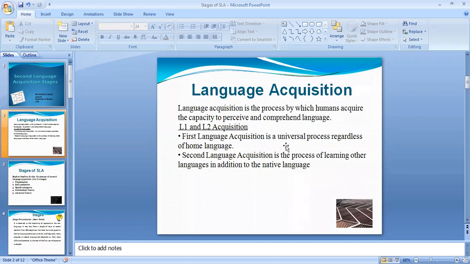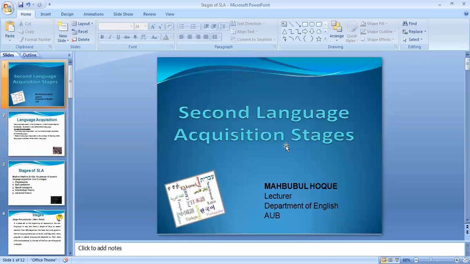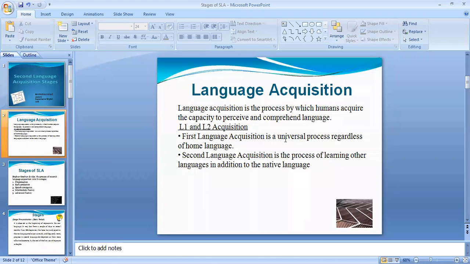Today's class is stages of second language acquisition. So, language acquisition. What is language acquisition? Language acquisition is a process by which humans acquire the capacity to perceive and comprehend language.